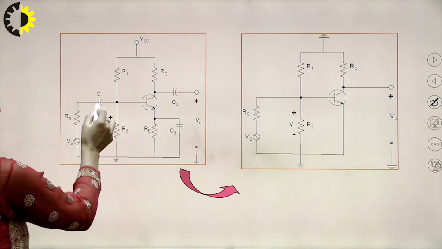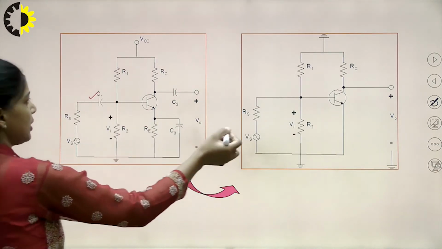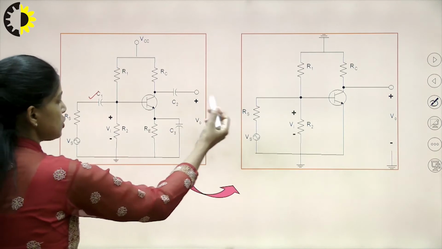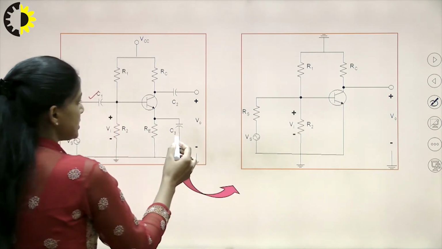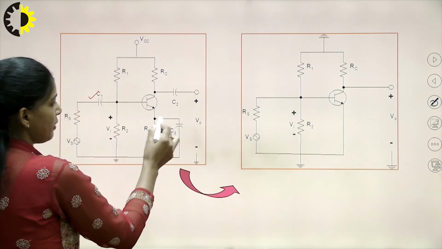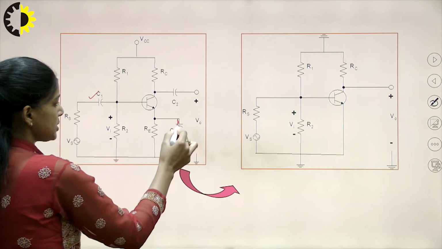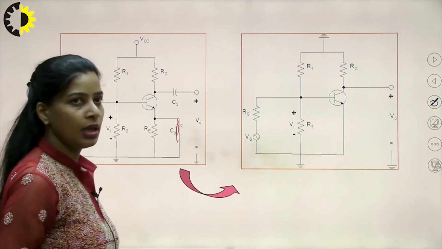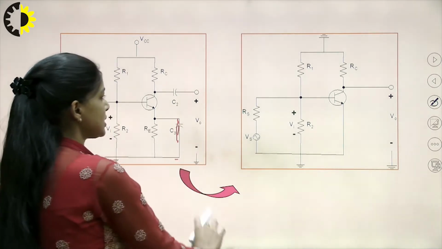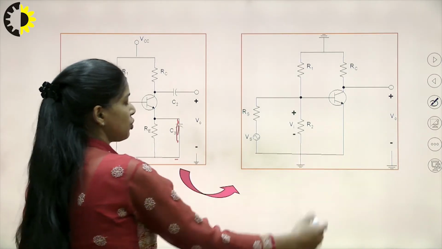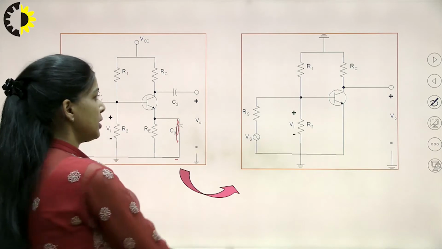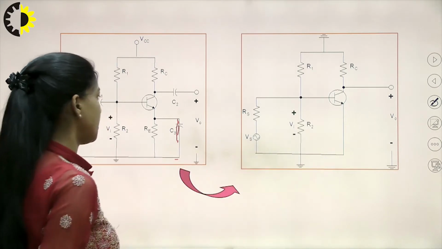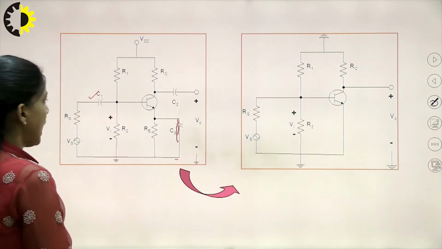All the capacitors are short circuited: C1 you can see here is short circuited, C2 is also short circuited, and C3 is short circuited. When we short circuit the C3 capacitor, this RE will be short circuited across this line. So here we do not have the RE resistance; we have a direct connection at the emitter.